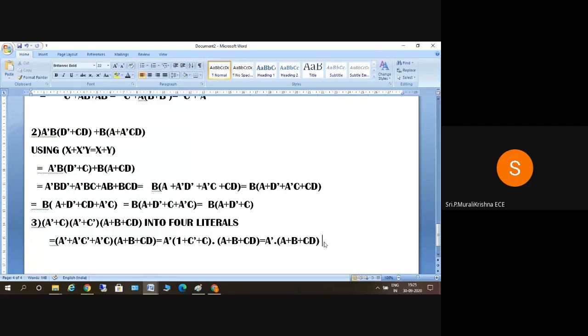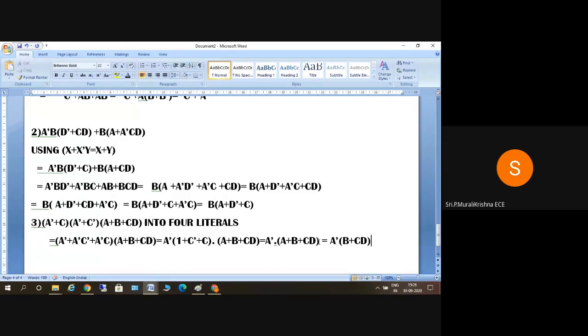So A into A bar will be equal to 0. These two values, so A into A bar. Okay, so multiplying these two, A bar into A will be 0, and remaining things A bar will be common. So A bar common, so A bar B plus C. Okay, so this is the 4 letters.